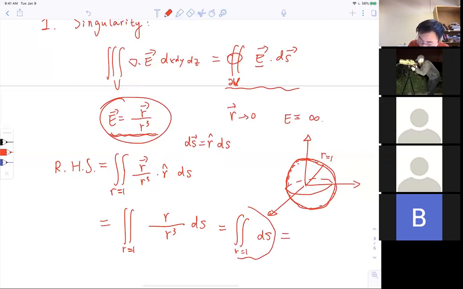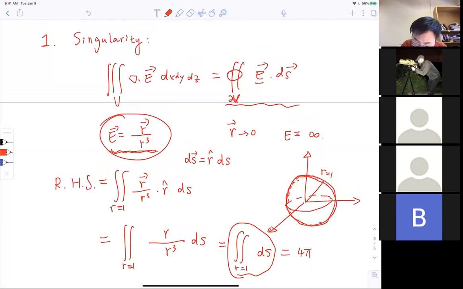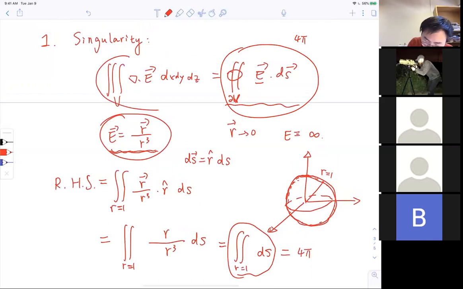So this is nothing but the total surface area of this sphere, which is 4 pi, right? Meaning that the right-hand side is 4 pi. How about the left-hand side?